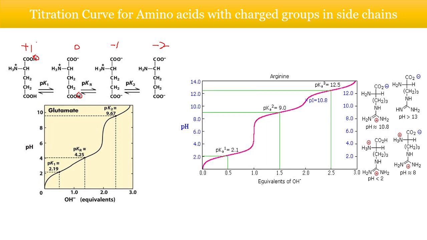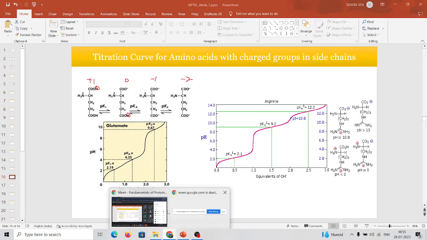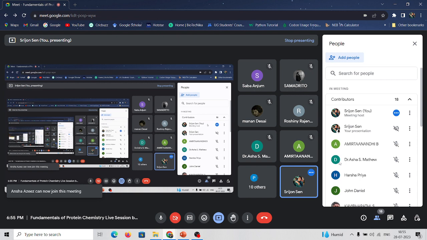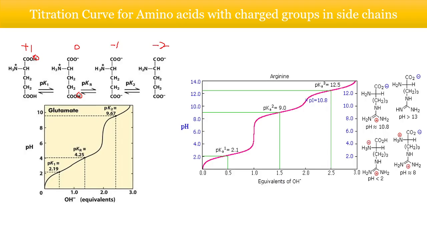The 2 pKs we are supposed to consider are those around the point where the amino acid moves to the zwitterionic form and from that zwitterionic form goes to another charge. So say you have +1 to 0 and 0 to -1.